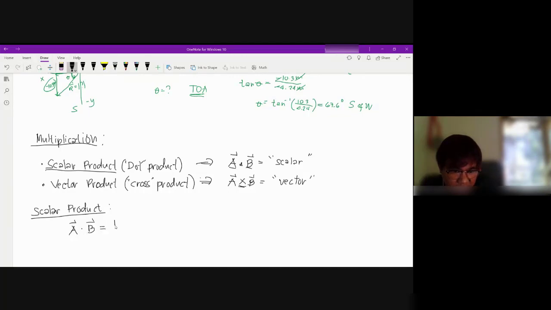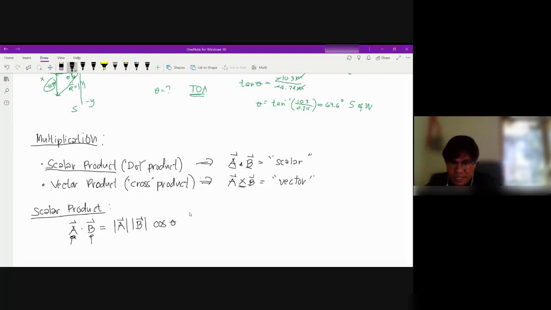So this is the symbol for the magnitude. Okay, so kaunin mo magnitude sa first vector here and then multiplied by the magnitude of the second vector, and then times cosine of the angle between the two.